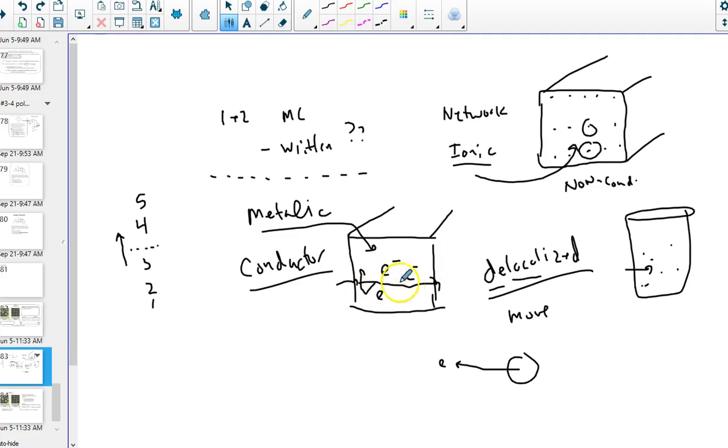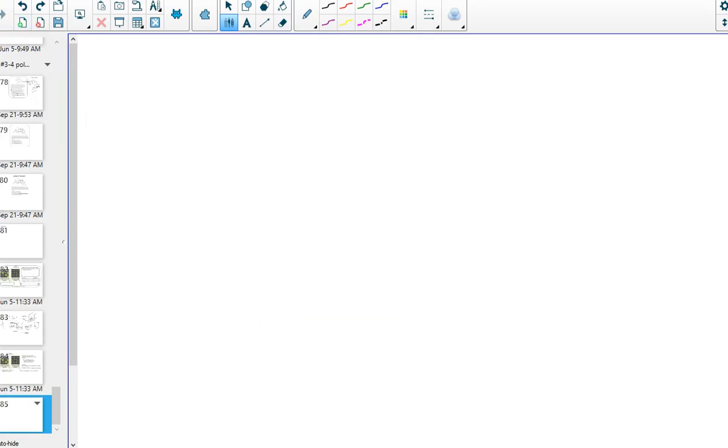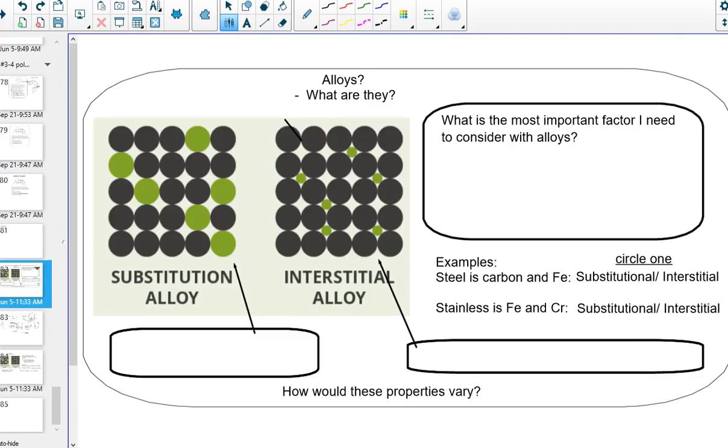So what's next? Well, if we mix something into this crystal, what happens? What is the most important factor you need to consider when involving alloys?